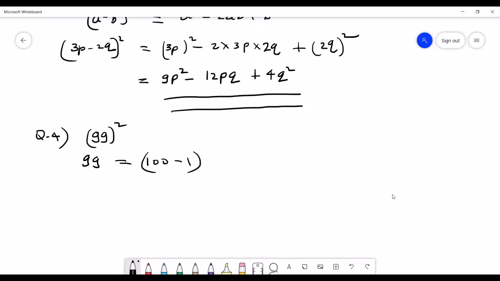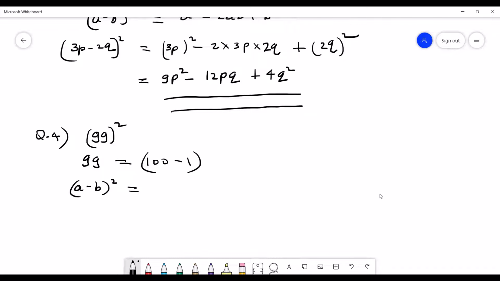If we take it as 100 minus 1, then it is in the form of a minus b. So now we have a minus b whole square is equal to. Whenever you are applying any identity, write here that we are adopting the identity of a minus b whole square or a plus b whole square, whatever it may be. And thereafter you start the solution.